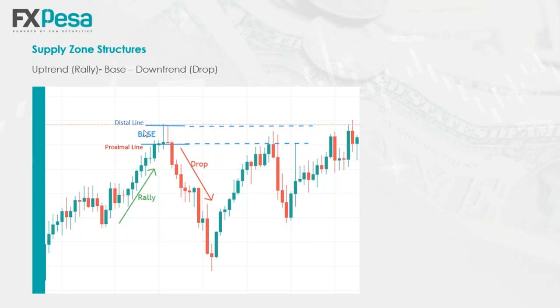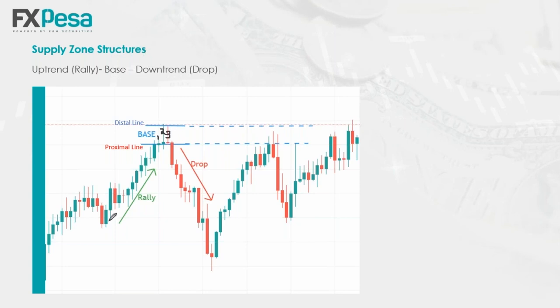In this case, we are supposed to mark our proximal line based on the basing candlesticks. So these three candlesticks: this is the first candlestick, this is the second candlestick, and this is the third candlestick.